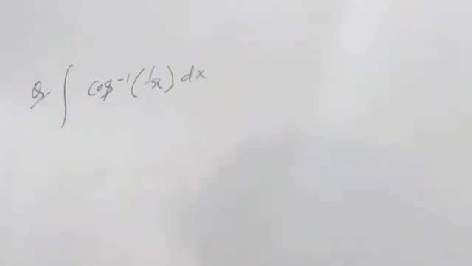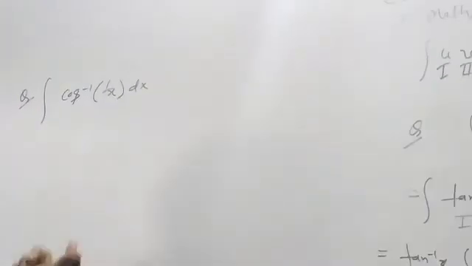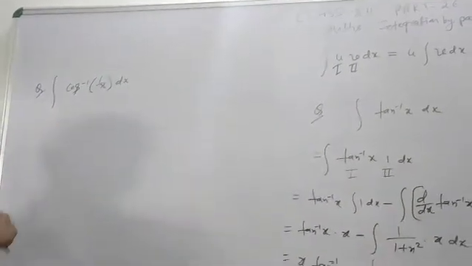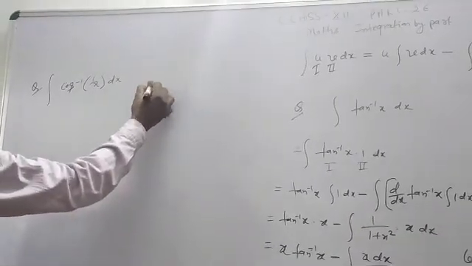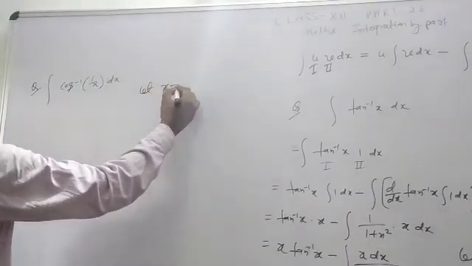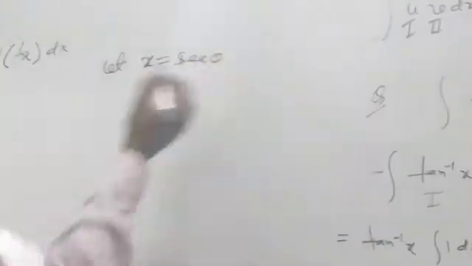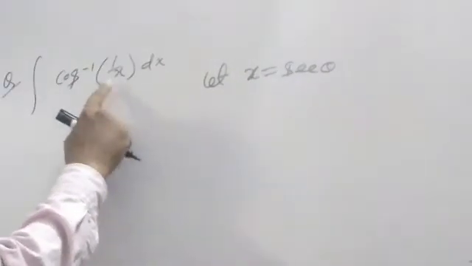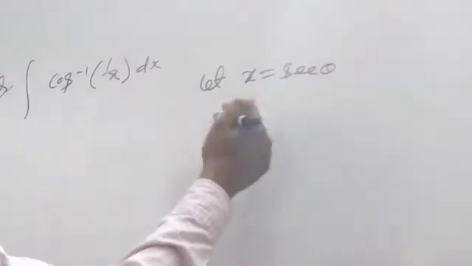Both are like the same question. Then there is only one term. If you want, let x is equal to sec theta. Why? 1 by sec, cos inverse cos theta is equal to theta will come. That's why we can suppose x is equal to sec theta.